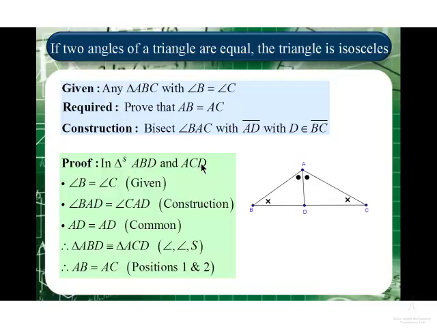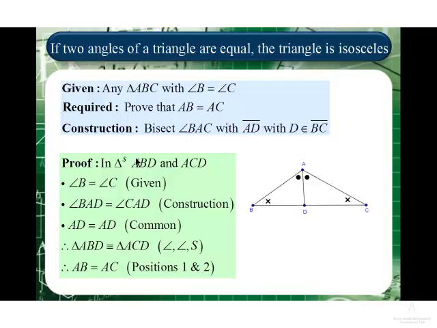What is also clear from this construction is that the side AD is common to both triangles ABD and ACD, very similar to what we had before. So if we consider the triangles ABD and ACD, we have two angles correspondingly equal, as well as a corresponding side that is equal. In this particular case, the corresponding side is just the common side AD.